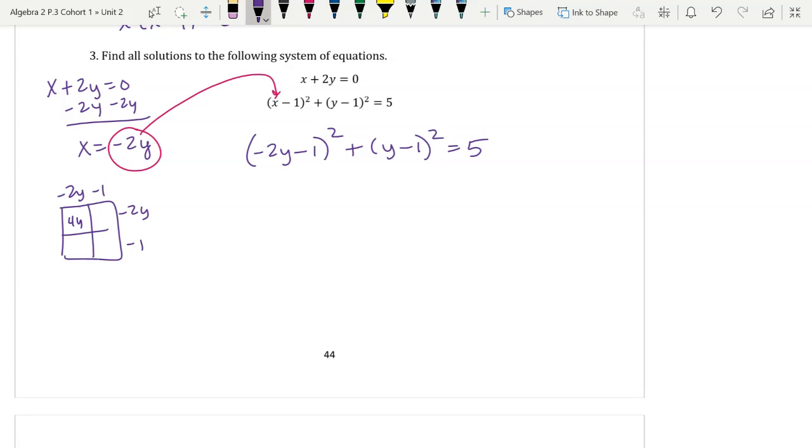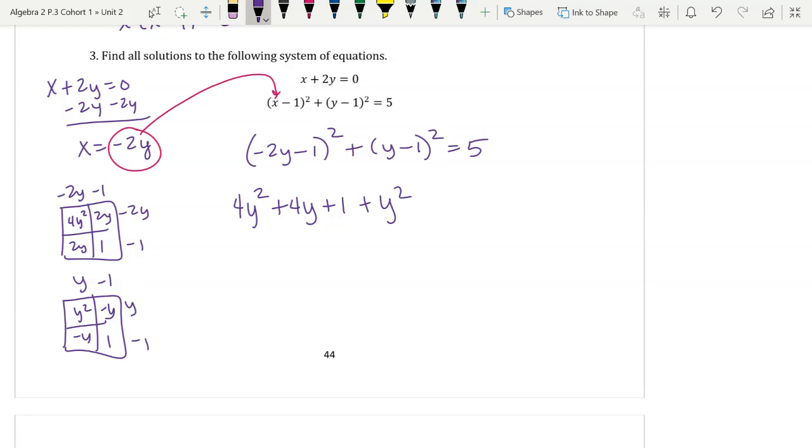That's going to give me 4y squared, 2y, and 1. And if I do another set of boxes for y minus 1, I'm going to get y squared minus y, and positive 1. So what do I have here? I have 4y squared plus 4y plus 1 plus y squared minus 2y plus 1 equals 5.